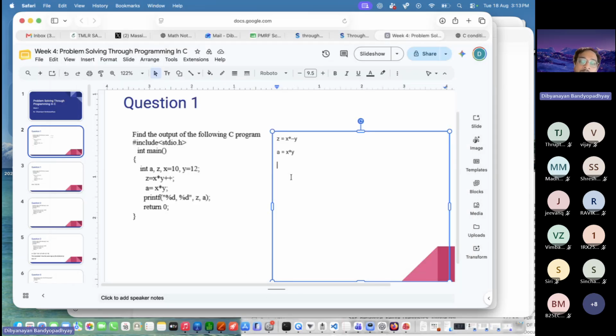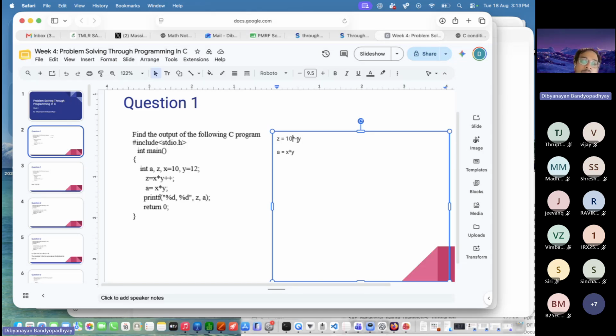Okay, so let me clarify what happens. If you just see what is happening here, the value of x is 10. You just put the value of x here, but it is a pre-decrement operator. So before calculating the value of z, you decrement the value of y.